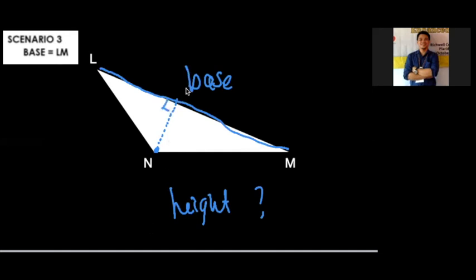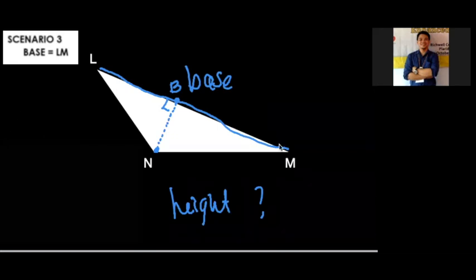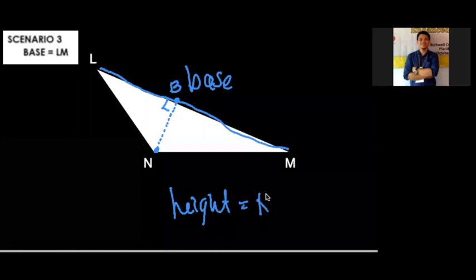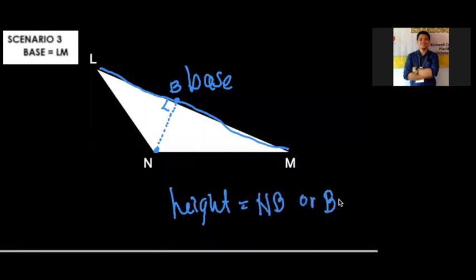And you may use any letter to name this point. Let's try naming it as B. If you name that as B, then your height will be equal to NB or BN. So those are the three scenarios in getting the height or the base of an obtuse triangle.